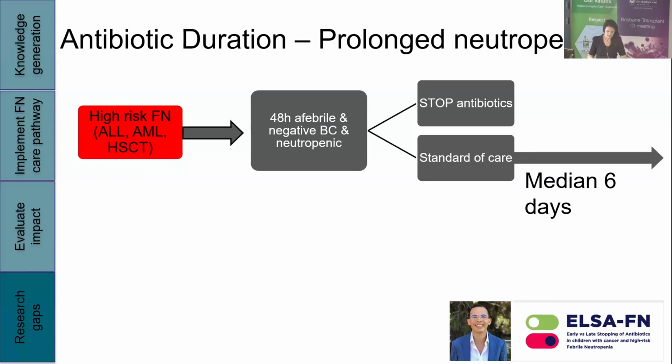And then just finally, in the last few minutes, the study that we're running now is the ELSA trial, the early versus late stopping of antibiotics in high-risk febrile neutropenia.